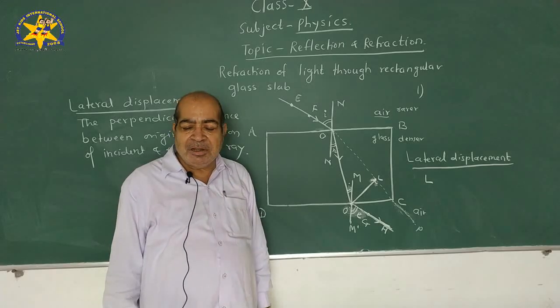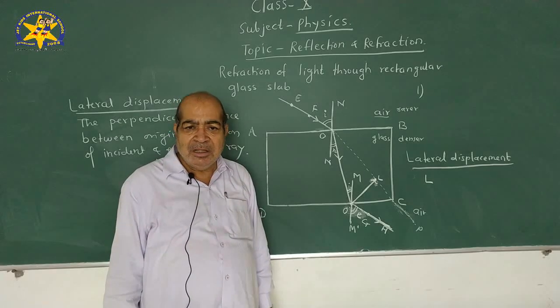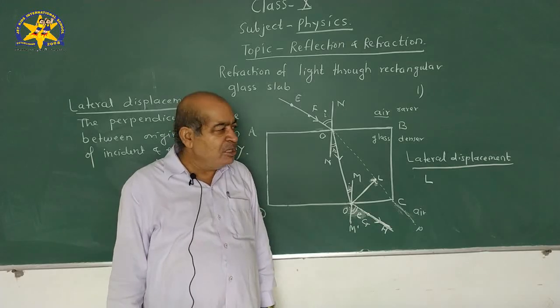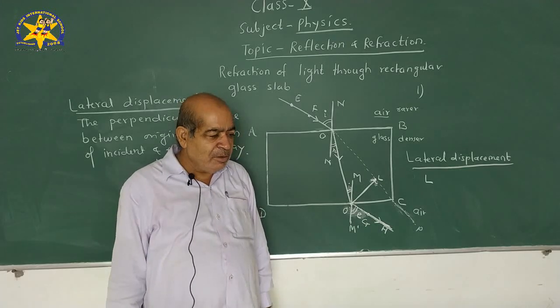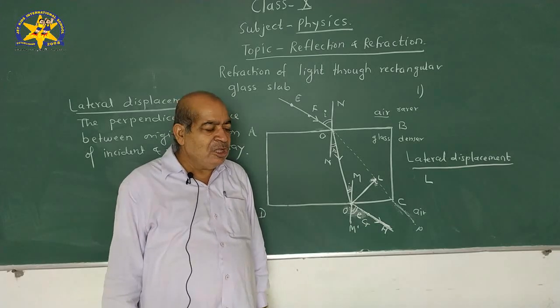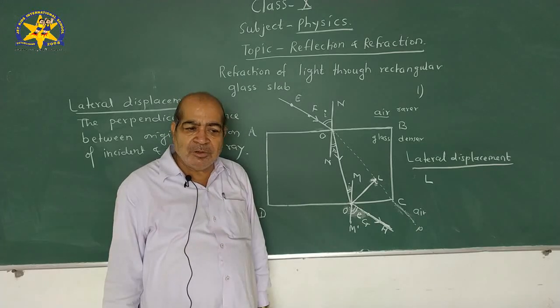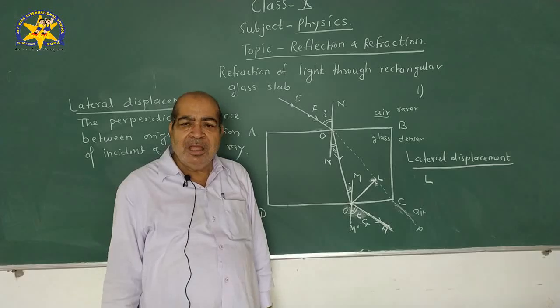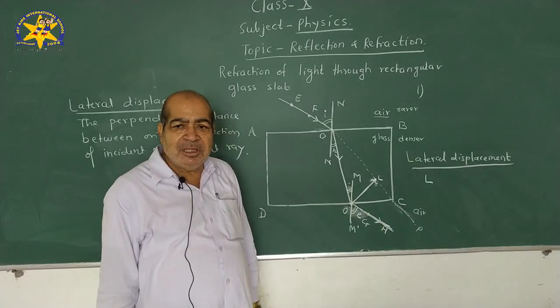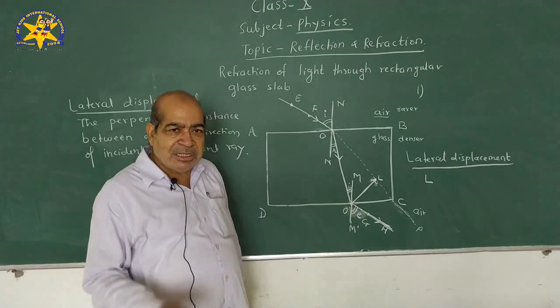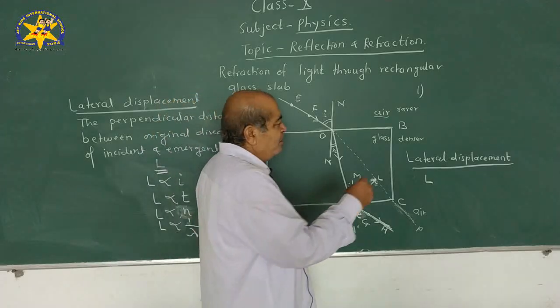To restate, the first law is: the incident ray, the refracted ray, and the normal drawn to the interface of two transparent media at the point of incidence always lie in the same plane.